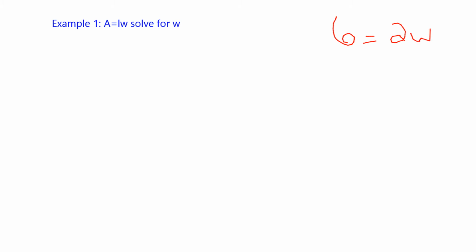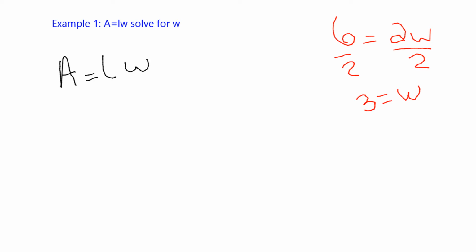Well, I need to get W by itself, and so it's 2 times W. So to undo multiplication, I do division. What I do to one side, I have to do to the other. So then I get W equals 3. The main thing is, though, I have in my original problem area equals length times width.